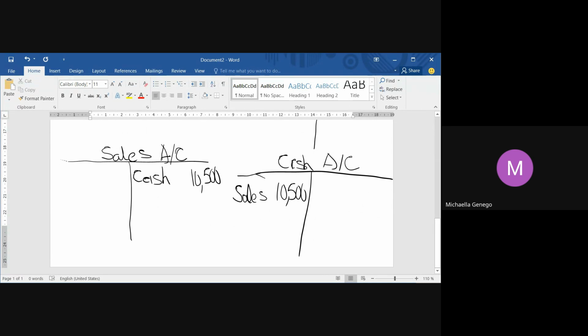What's the next thing? Number 8. The firm performs services for 3,500 Ghana cedis on credit.